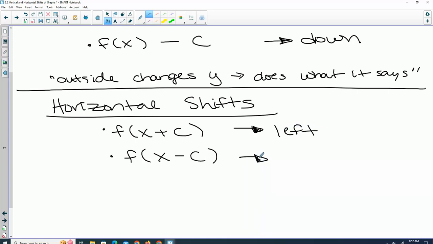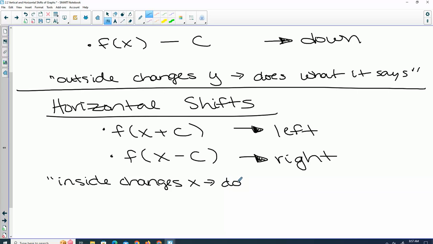When you subtract, it will go to the right. So anything on the inside changes the x, it does the opposite of what it says.